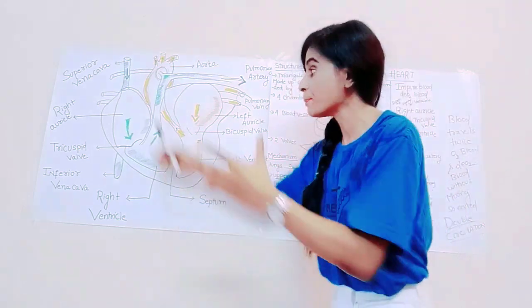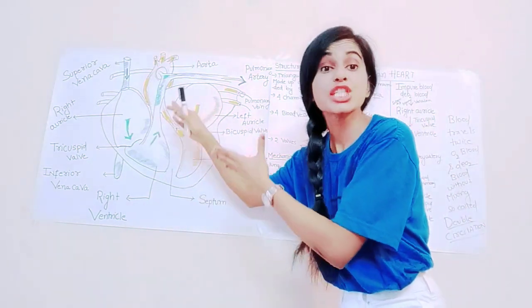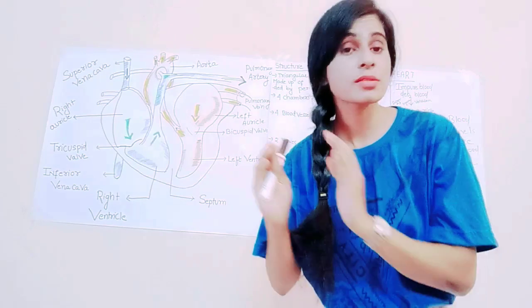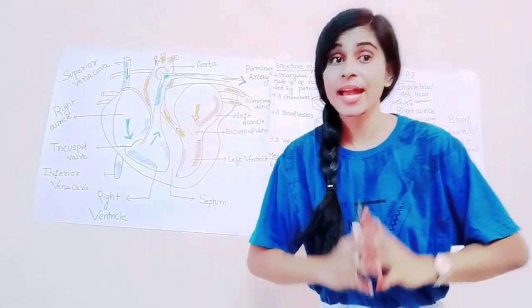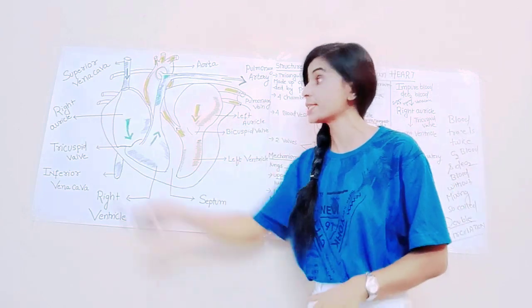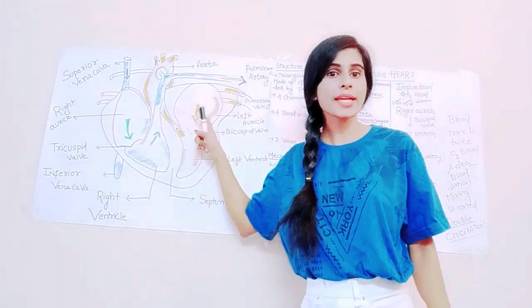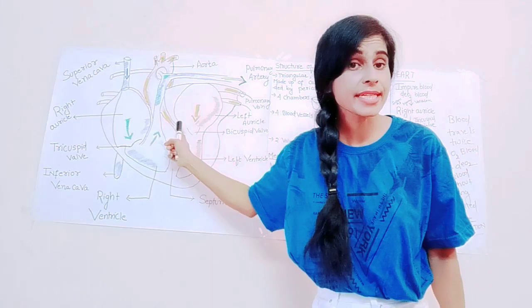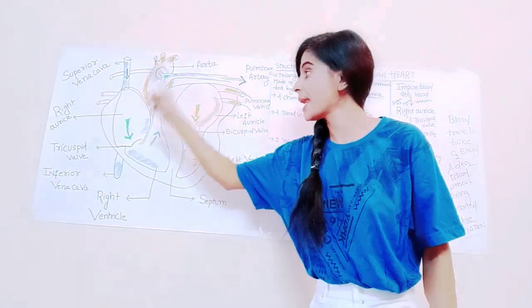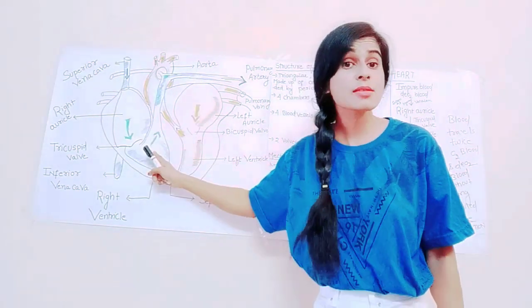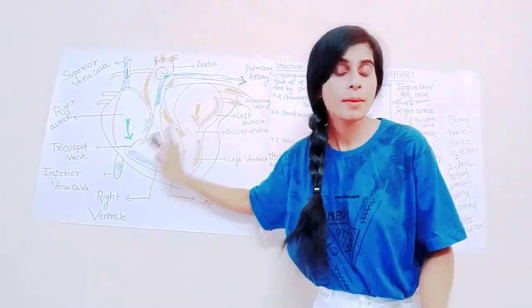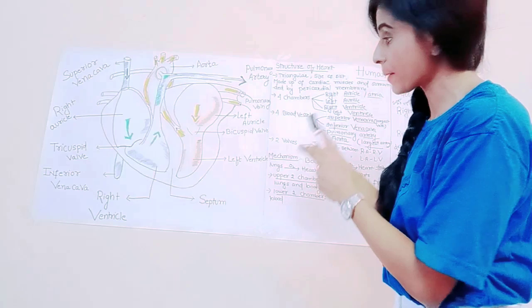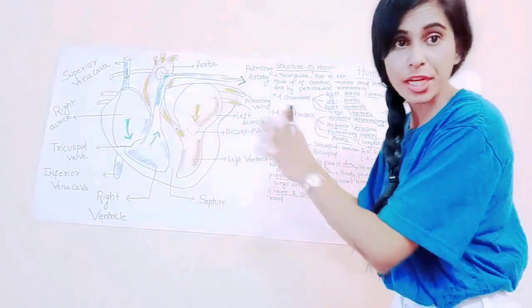And the blue colored one denotes deoxygenated blood, which carries carbon dioxide. It's impure blood, the blue one. Orange is oxygenated, pure blood. And blue is deoxygenated blood that carries carbon dioxide, which is impure blood.